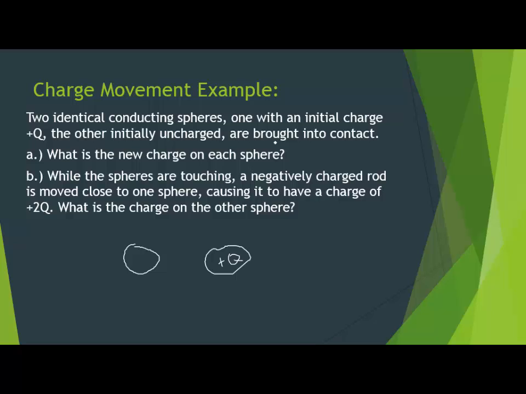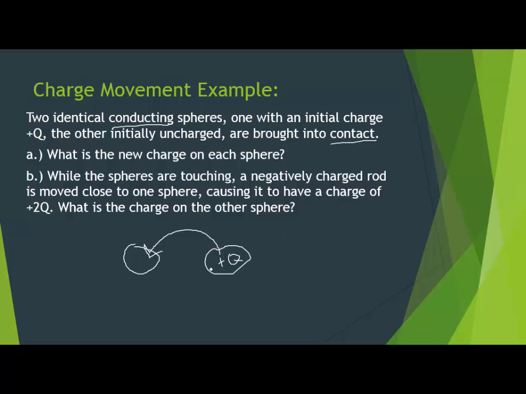Because they're conductors and they come into contact with one another, those charges can move really easily between conductors. So what's going to happen is that some of these positive Q charges will move over to this second object because they are conductors and they are touching each other. Part A says, what is the new charge on each sphere?